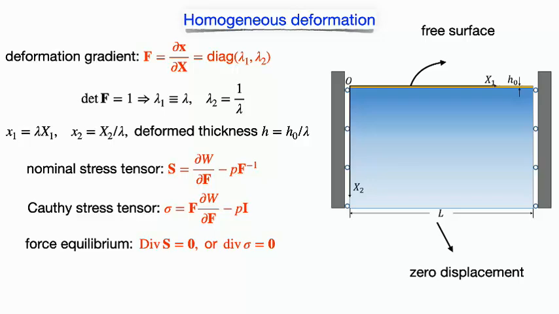And at the interface, we impose the continuity condition. It means that the traction and displacement are continuous across the interface. From this, you can solve that the Lagrange multiplier has this form, very simple. So then we can obtain an analytical solution of the homogeneous deformation.